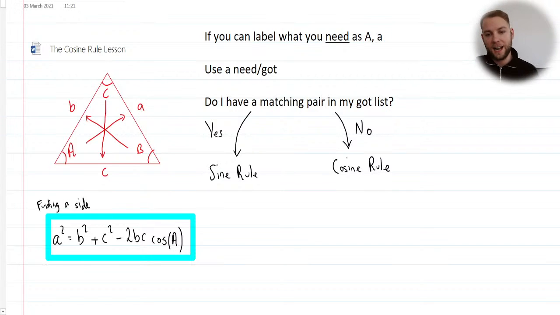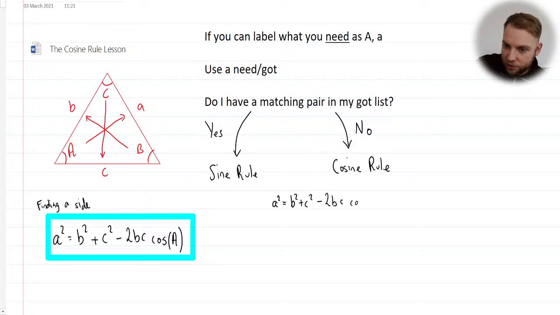Now, if we're finding an angle, you've got to rearrange all of this. You can, if you want to, just use this formula. Now, I'm going to show you how to rearrange it, but you don't actually need to do this every time if you can remember what the formula is, okay? A squared is equal to b squared plus c squared minus 2bc cos of A. Now, if I take away 2bc cos A from both sides, I'm going to take the 2bc cos A to one side.